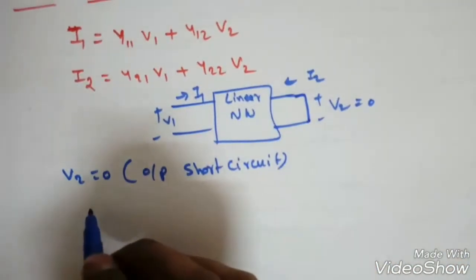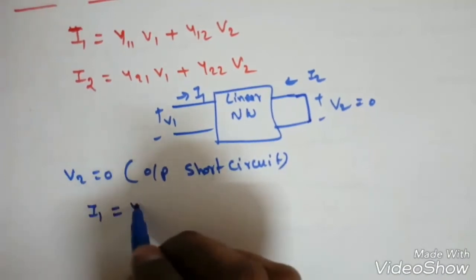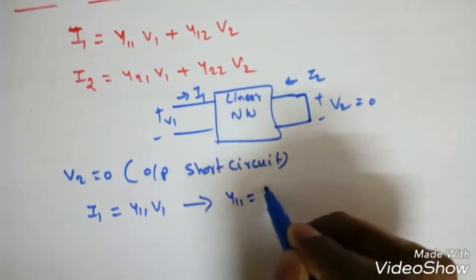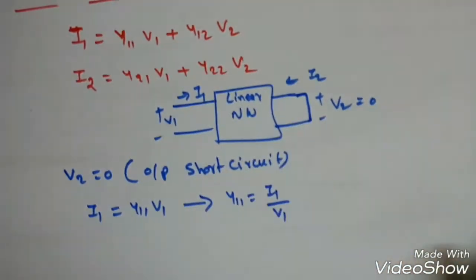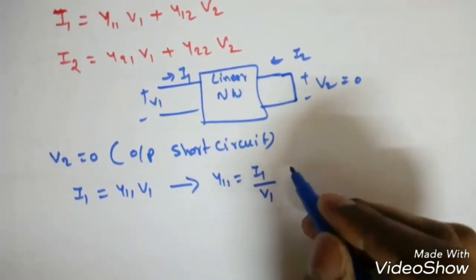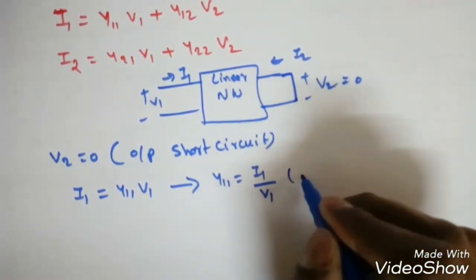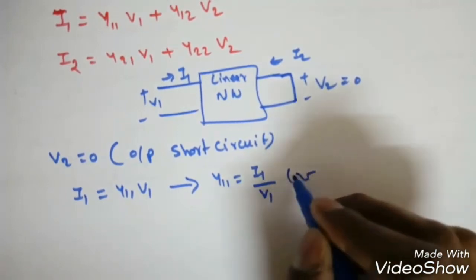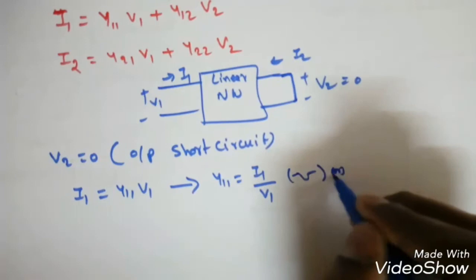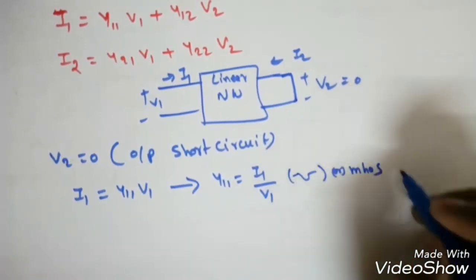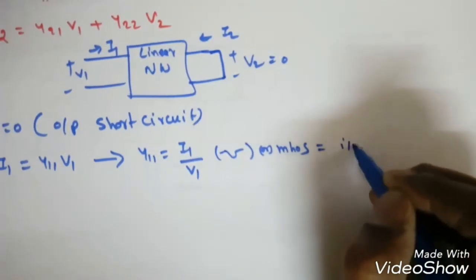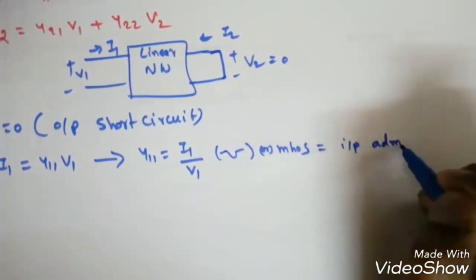Now from the first equation, I1 is equal to Y11 V1, so it leads to Y11 equal to I1 by V1. I1 by V1 is nothing but admittance. In the previous case Z means ohms, now we will get mhos, or ohm inverse. So I1 by V1 is the input admittance.